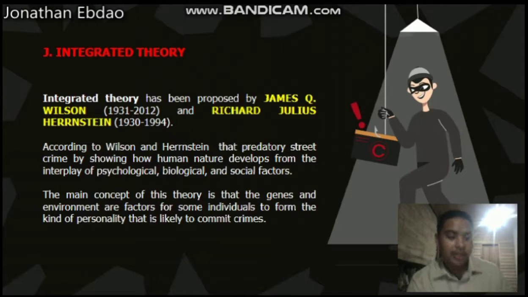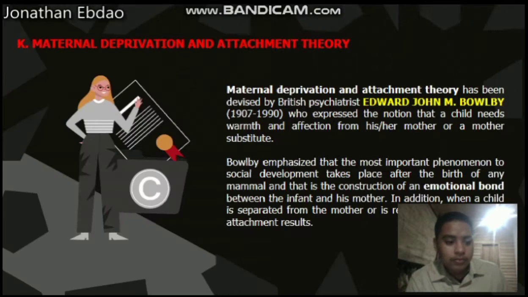The next one is the maternal deprivation and attachment theory. Maternal deprivation and attachment theory has been devised by British psychiatrist Edward John M. Bowlby, who expressed the notion that a child needs warmth and affection from his mother or a mother substitute. Bowlby emphasized that the most important phenomenon for social development takes place after the birth of any mammal, and that is the construction of an emotional bond between the infant and his mother.